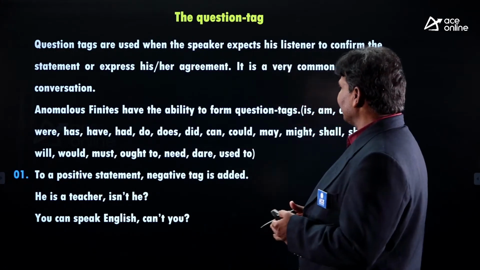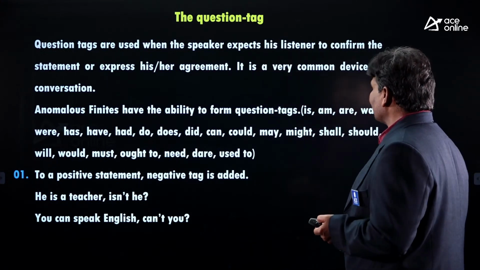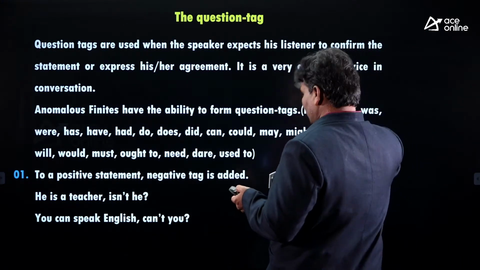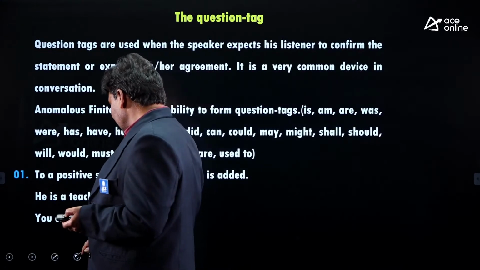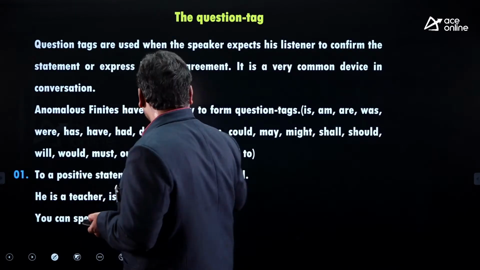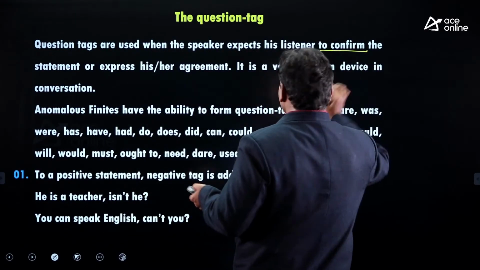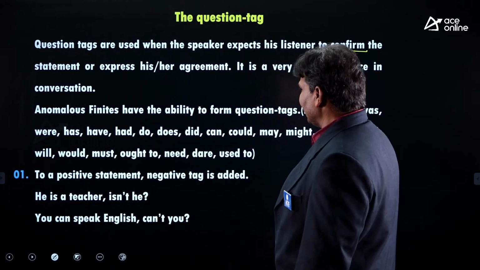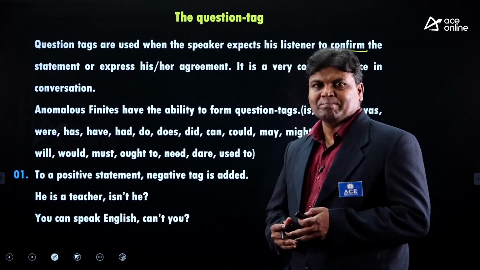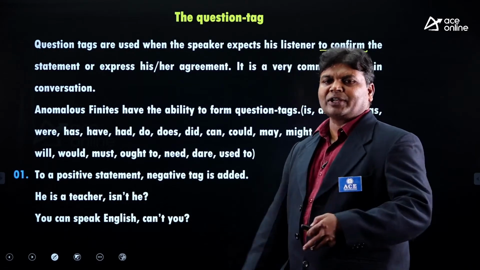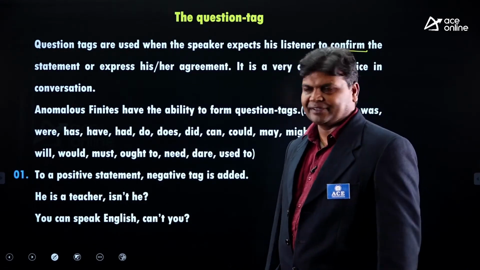Question tags are used when the speaker expects the listener to confirm the statement, students. It is just to confirm, that's all. Yes or no, or to express agreement. I know, but I want confirmation from your side.